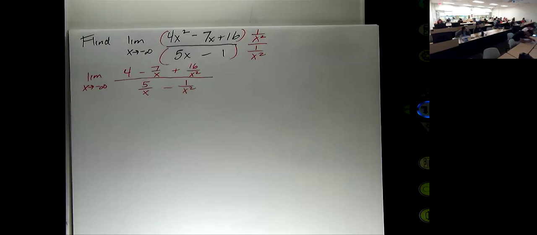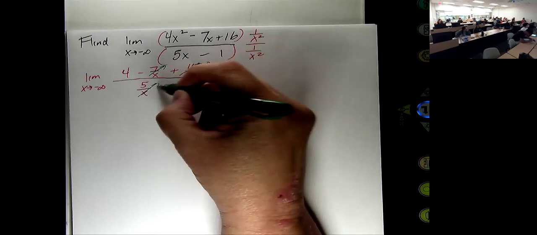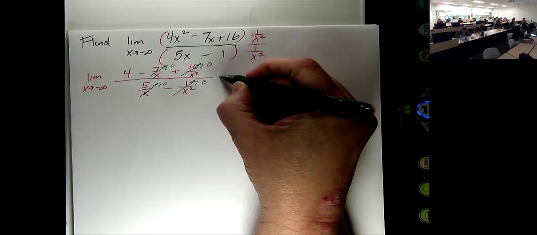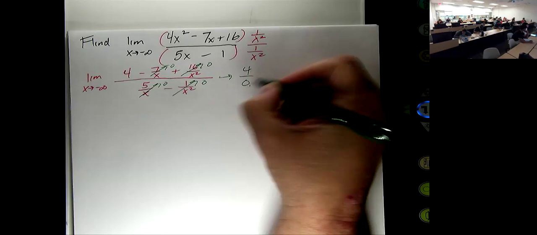So this goes to 0, this goes to 0, this goes to 0, this goes to 0. We're approaching 4/0, which blows up to infinity.